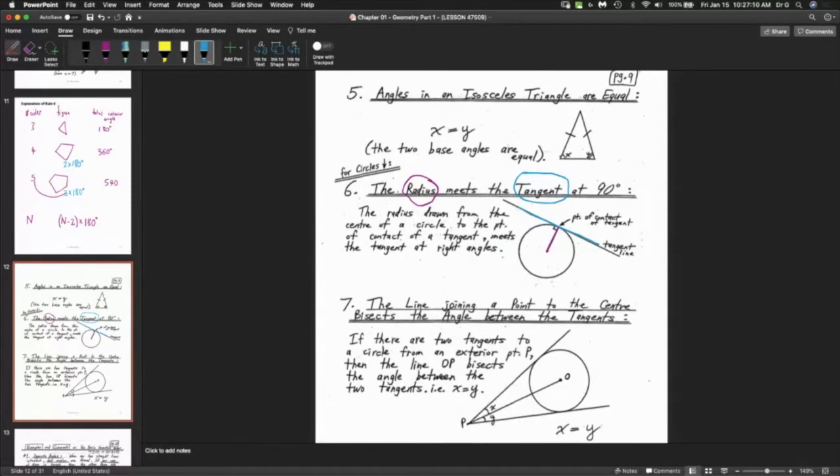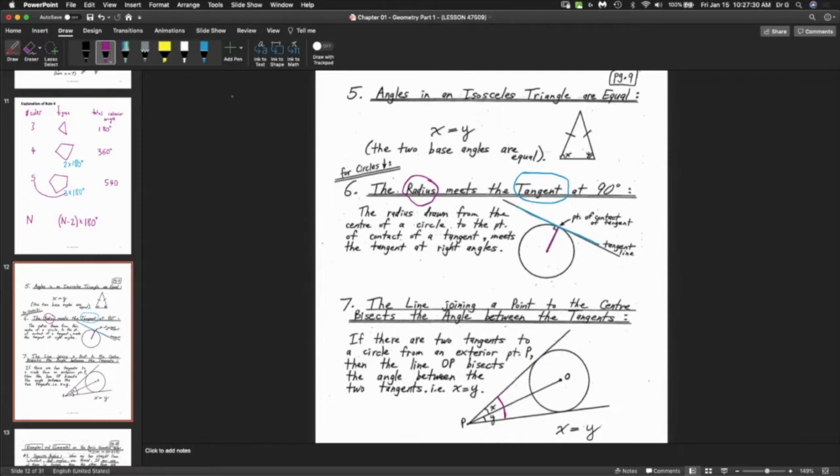The last of the properties, or if you want to call them rules, is the following here. It's that if you take a circle and you draw two tangents, the outer one here and then the outer one here, they form an angle. See this angle here? They form an angle together.